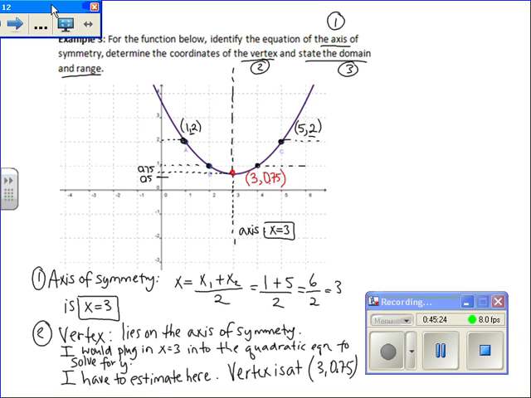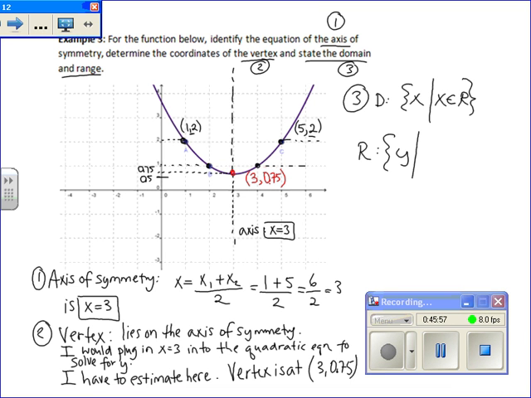Finally, the last thing I'm going to do here is state the domain and range. I'm going to do that up here. Domain's really easy to state for this. This parabola runs in both the negative and positive direction for x. So the domain is simply that x is all real numbers. And the range for this, y, is such that, well, y is also all real numbers, but there is a minimum.